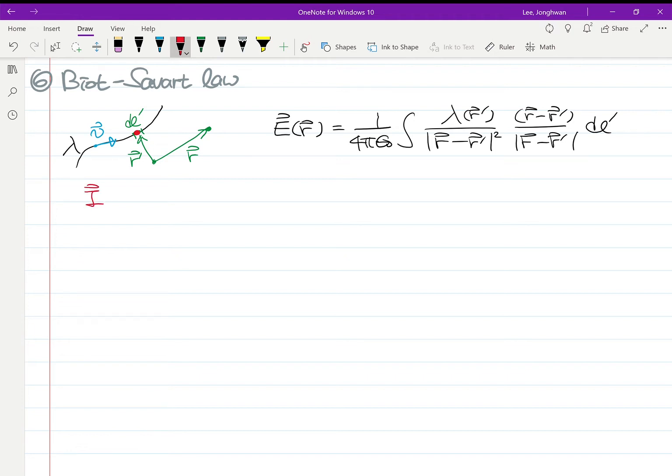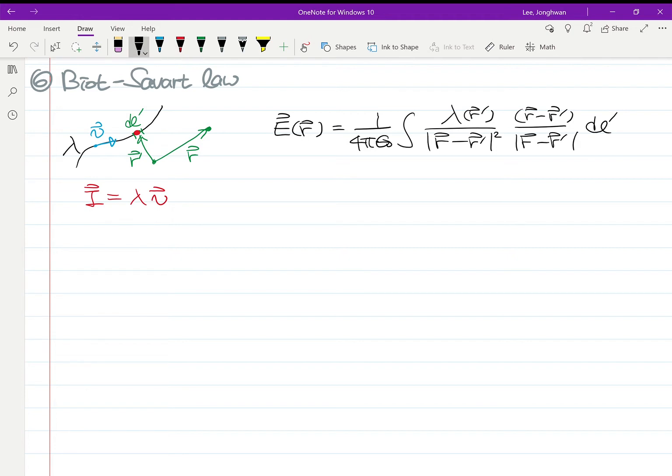The current as measured at that red point will be lambda times v. You are basically selecting a point and measuring how many charges are passing through that point, which is the definition of a current. So the current will be lambda times v.